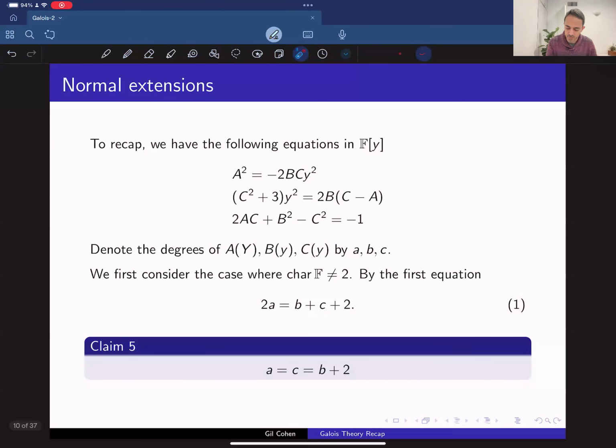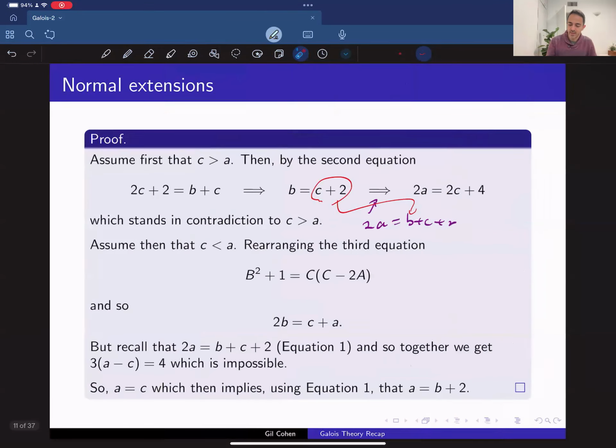You just need to subtract another c squared and add the c squared and so forth. But you do that. And looking at that, you can see that the degree on this side is 2b, and on that side, because the degree of a is dominating 1 and 2 is non-zero, the degree of this is actually a, and the degree of this is c. Again, because a is larger than c, the degree of this is a. So you get that 2b is c plus a.